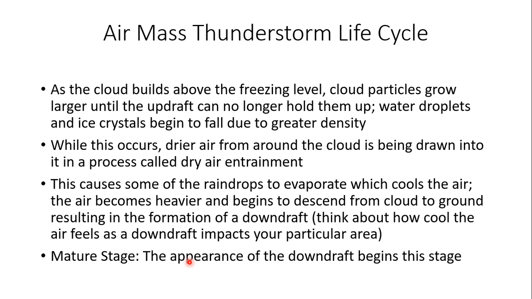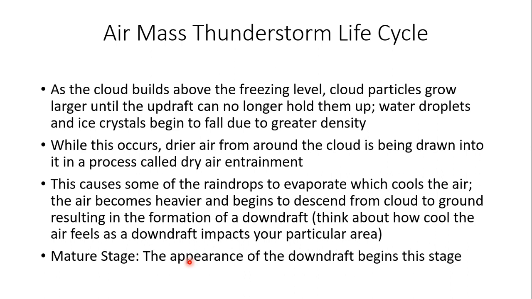As the cloud builds above that freezing level that I just showed you, cloud particles are going to grow larger until the updraft can no longer hold them up, and water droplets and ice crystals will begin to fall out of the cloud due to greater density. And while this occurs, drier air from around the cloud is being drawn into it in a process that's known as dry air entrainment.